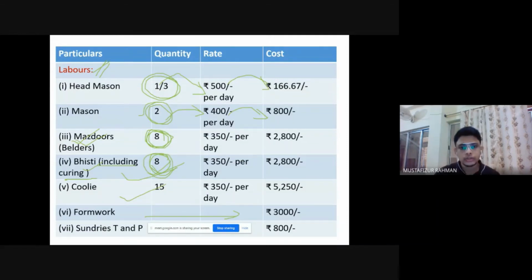Three or four persons would have done the job, but because we also require them for curing, we are considering 8, multiplied by the rate, and we are getting the cost. This number is slightly more than required, and then the cost, and then finally the total one.